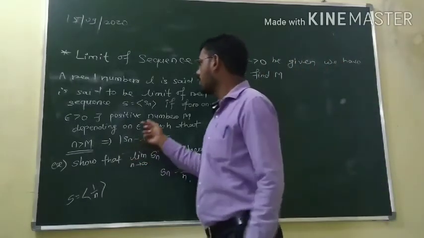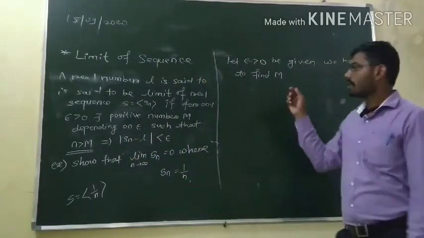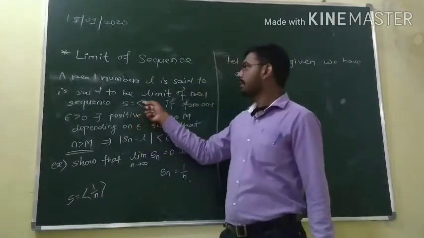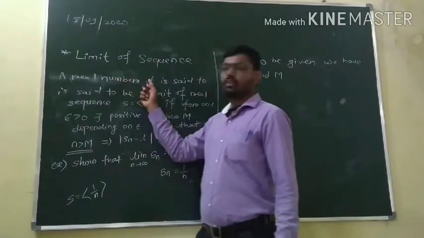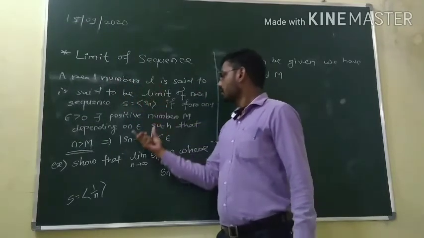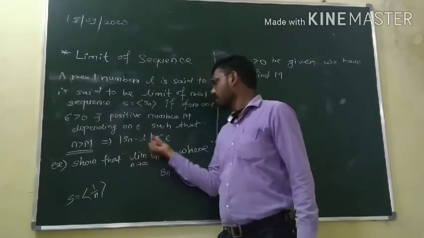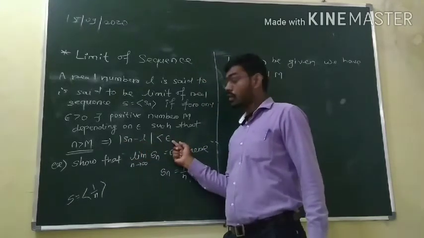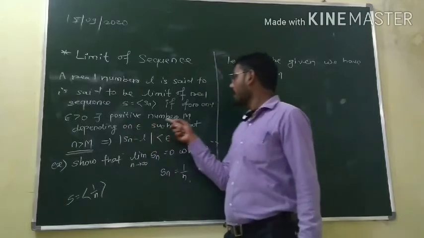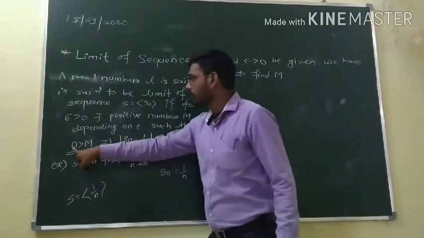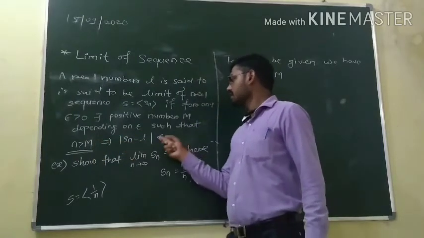Now see how we will use the definition. What is the definition? To prove this sequence has limit L, we have to show that the difference between Sn and that limit is less than epsilon, when we find some fixed number m such that whenever n is greater than m, this difference must be less than epsilon.